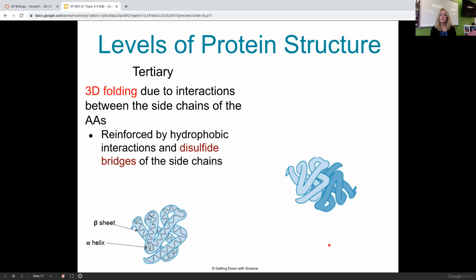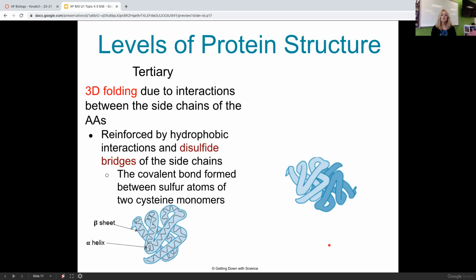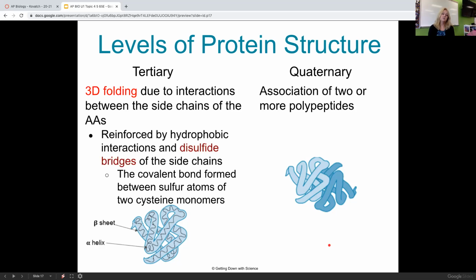Cysteine is the one that will have the sulfurs, and that's where those disulfide bridges are formed. So you don't see those until you get to the tertiary level. The covalent bond that's formed between sulfur atoms of two cysteine monomers, again, that is the definition of a disulfide bridge.